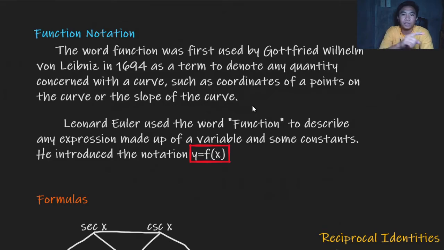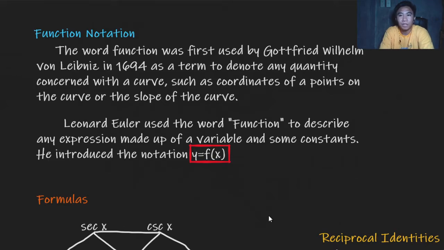Yung mga function, pwede siyang linear, quadratic, meron din tayong mga polynomial. Leonhard Euler used the word function to describe any expression made up of a variable and some constants. He introduced the notation y is equal to the function of x.